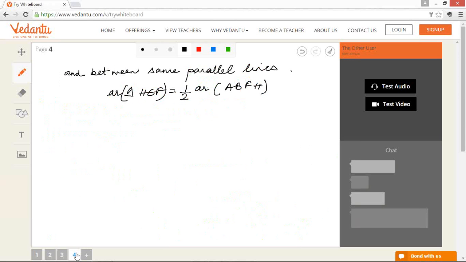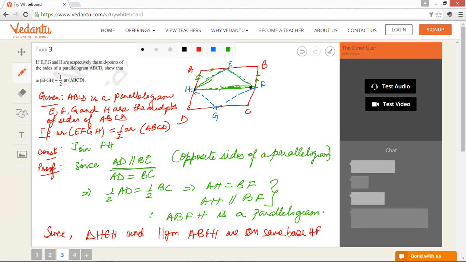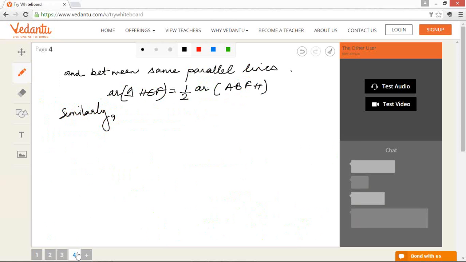Okay. So similarly, we can move to the lower triangle, HGF and HFCD. We can use the same result for the same pair of triangle and parallelogram.